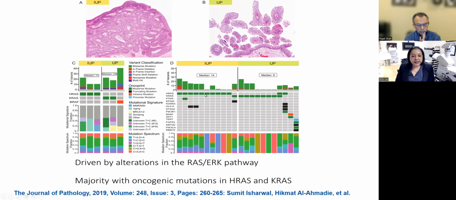Predominantly it shows HRAS mutation, whereas the usual urothelial papilloma or exophytic papilloma shows mostly KRAS, but can have a combination of HRAS and KRAS mutations. And then there are multiple mutations that are overlapping between the two, but these are the 2 main differences between the 2 entities. And this was recently published in the Journal of Pathology by the Memorial Sloan Kettering Group.